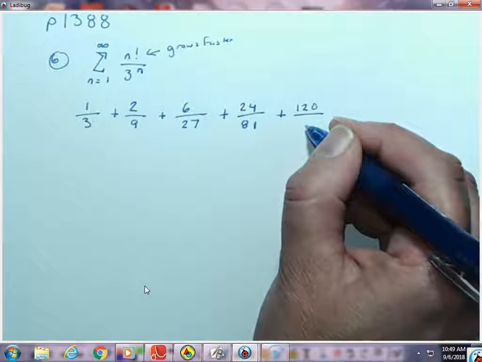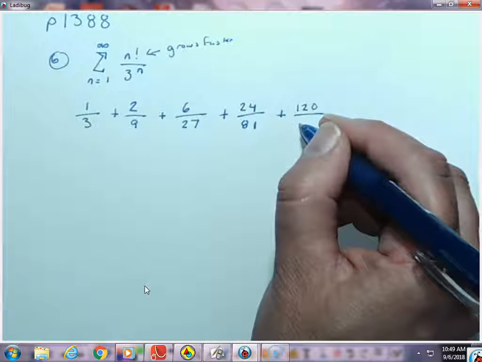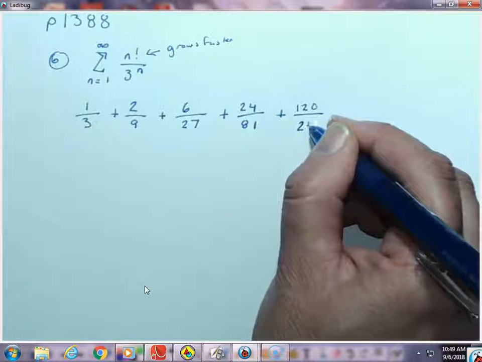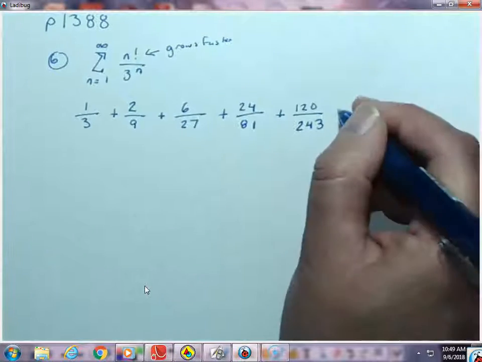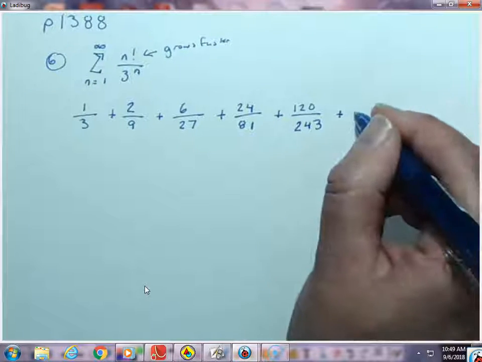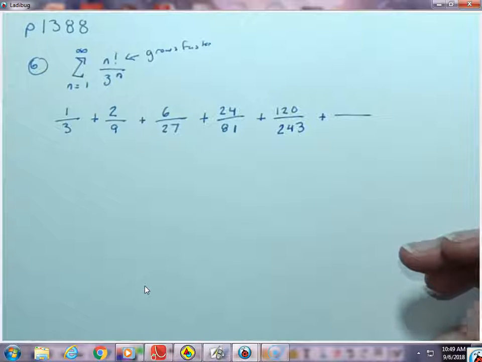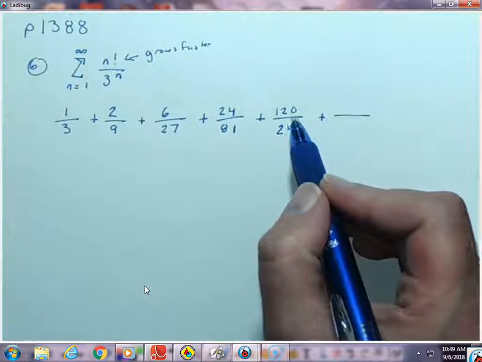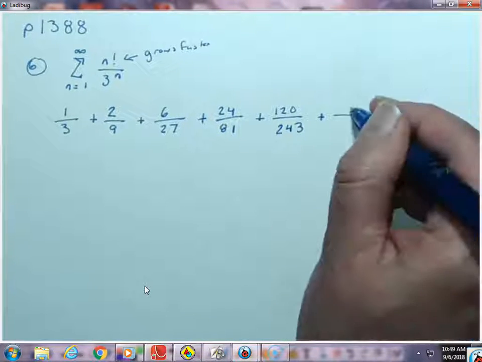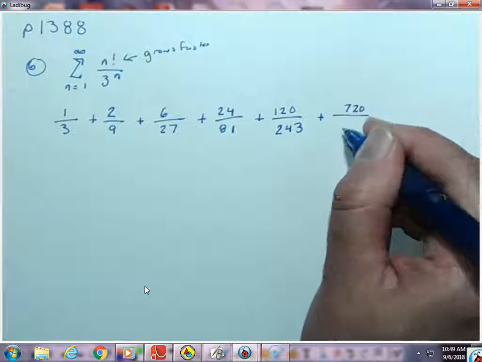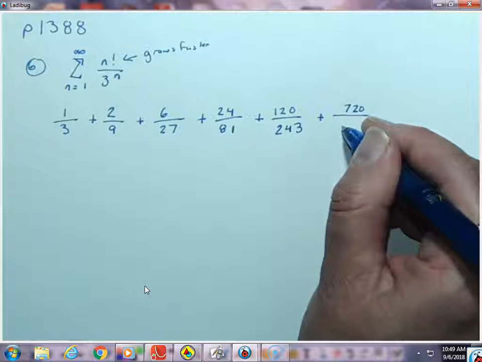Somebody tell me what 3 to the 5th is. Yes, really? No? Okay. Well, I'm not sure either. So sometimes when y'all don't sound sure, I'm not sure I should make sure. Okay, and then this would be times 6. Is that 720? I'm kind of going for a while here. 3 to the 6.